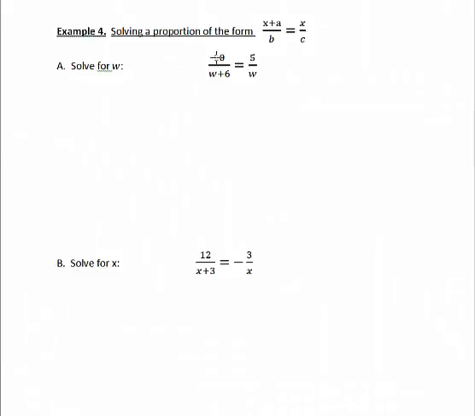Example 4. We have multiple instances, 2 instances of the same variable. But all we really need to do is confirm that each side represents only one ratio. And here we have a large fraction bar, and it spans over the top of the w and the plus 6.